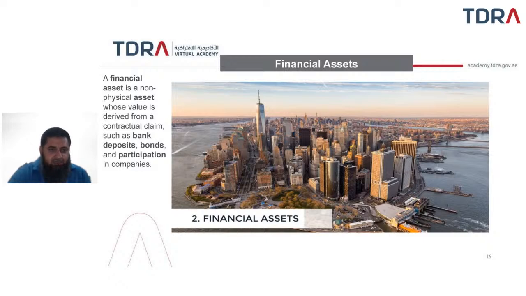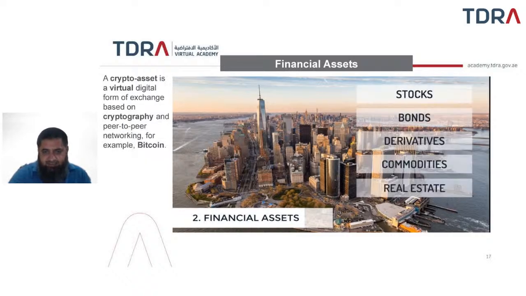Now we talk about the next feature, and that is financial assets. The financial asset is a non-physical asset whose value is derived from contractual claims such as bank deposits, bonds, and participation in companies.